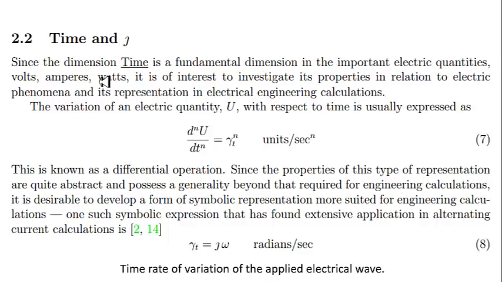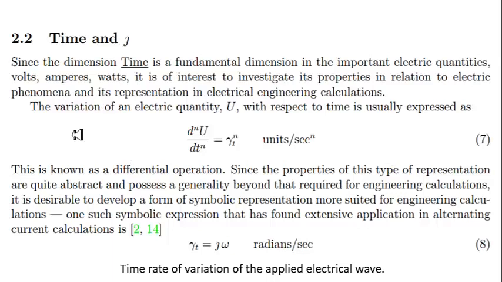And so here he says, since the dimension time is a fundamental dimension in the important electric quantities, volt, amps, and watts, it is of interest to investigate its properties in relation to electric phenomenon and its representation in electrical engineering calculations.